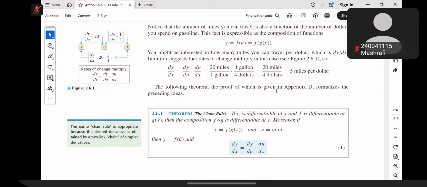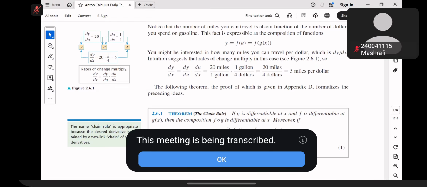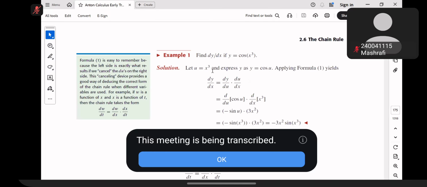Yes, sir. So example 1, where you can apply the chain rule to get the derivative of the function y equals cos x cube. So this is not cos x, rather this is cos of x cube.